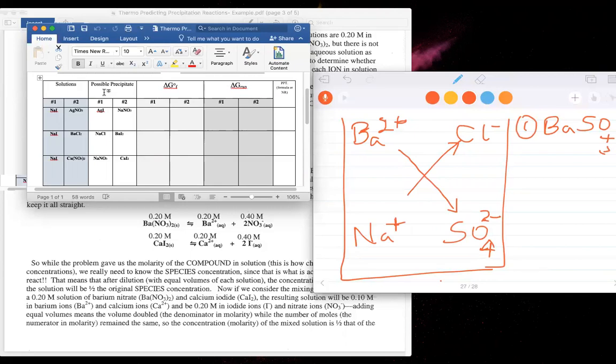The second possible, number 2 here, is sodium chloride, NaCl, using the correct formula. 1 and 1 will go away, and this is another solid. So I've done my possible precipitates. 2 forms of solids can possibly be formed. We don't know yet which one will form.